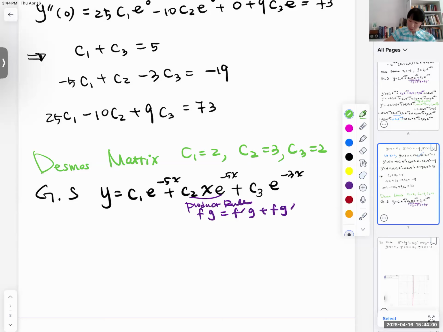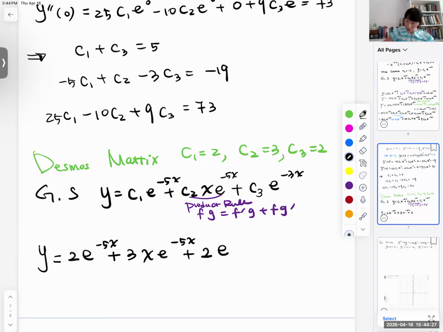And the particular solution will be y equal to c sub 1, which is 2 e to the negative 5x plus c sub 2, which is 3x e to the negative 5x plus c sub 3, which is 2 and e to the negative 3x. Yeah?